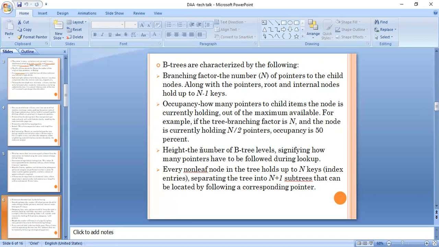Height: the number of B-tree levels, signifying how many pointers have to be followed during lookup. Every non-leaf node in the tree holds up to n key entries, separating the tree into n plus 1 subtrees that can be located by following a corresponding pointer.